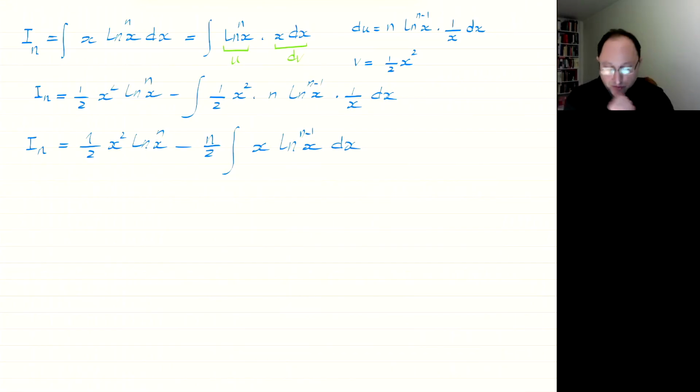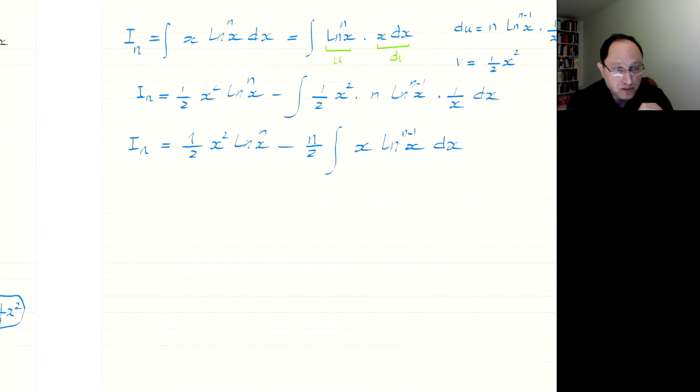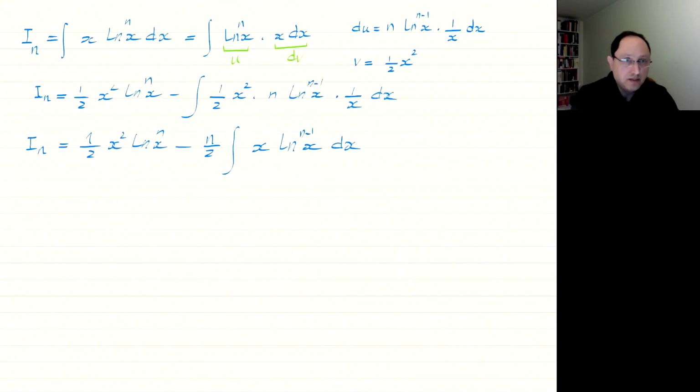Can you answer this question? I want to wait a little bit for you. If I call this integral I_n, do you have any suggestions for calling this one? Because in my previous example, I called my original integral I, then I called this one J, then I called this one K. Now, do you see a better designation for these integrals?